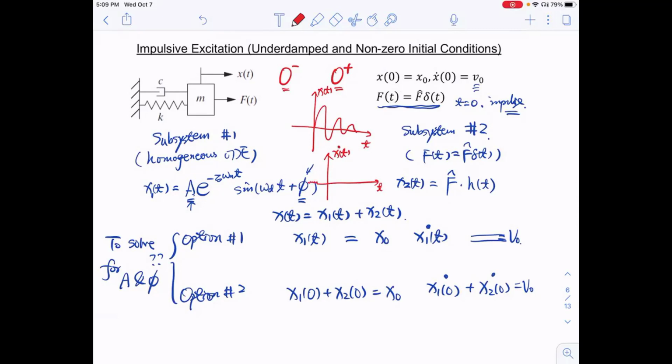So when time equals 0, and then after that, you have a velocity. So that means at the location where you apply the impulse, you create a discontinuity in your velocity. That's because of the impulse momentum theorem.